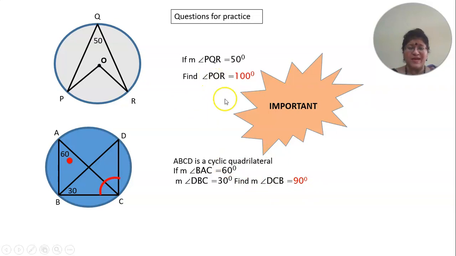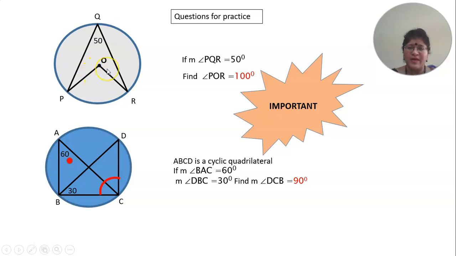Now, questions for practice. Here, this angle is 50. You have to find out angle POR. Look at arc PR. This arc PR is subtending or making two angles. One is here on the tip and the other is at the center. So when you see a diagram like this, you should remember that the angle at the center, that is POR, is double the angle subtended by this arc PR at any other place on the circle.